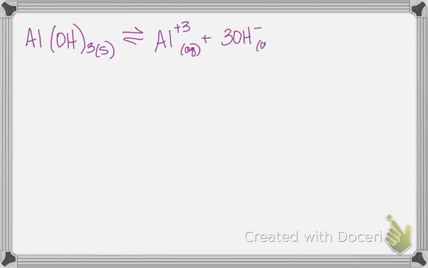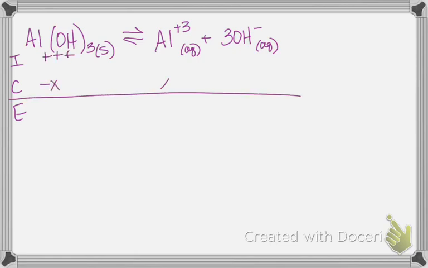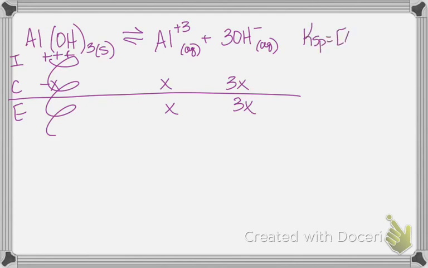And that part you could have gotten from the Ksp table. See, it's got that on there, but we don't need that from the table. We can do that. Okay, and so we knew that the Ksp is equal to the concentration of the aluminum ion times the concentration of the hydroxide ion cubed.